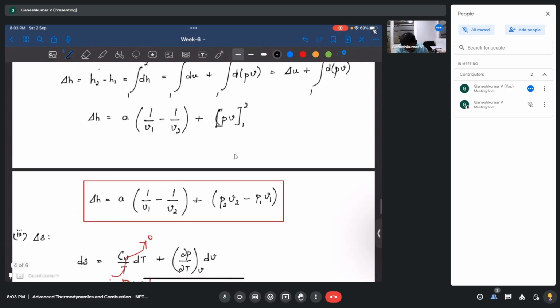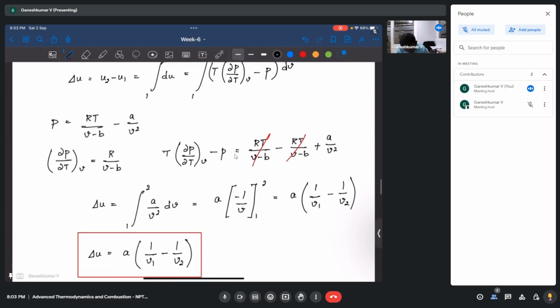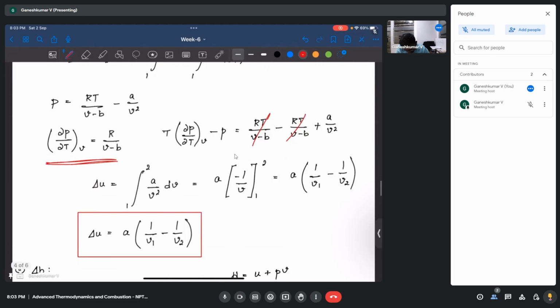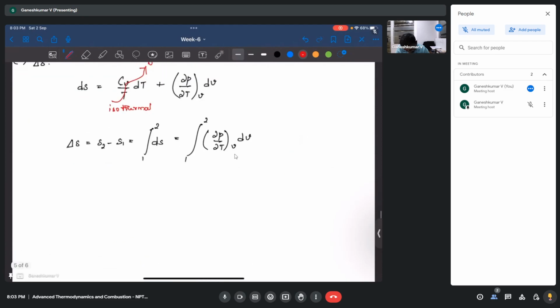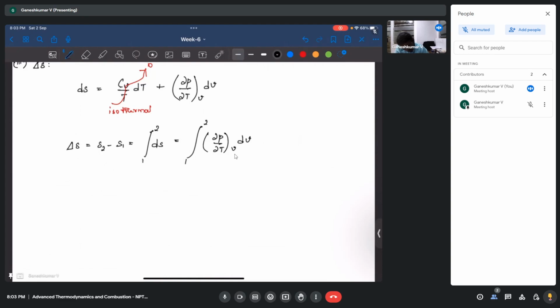And I think we already found ∂P/∂T at constant V. Yeah, here it is. So we just use this, R/(V − b), right? It is equal to the integral from 1 to 2 of R/(V − b) dV. We could have actually used the TdS relation also to find this. It's fine.